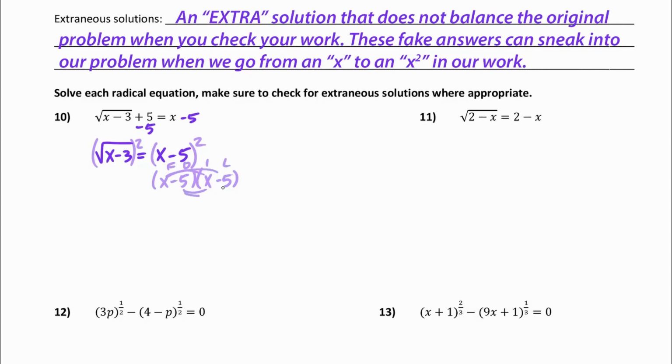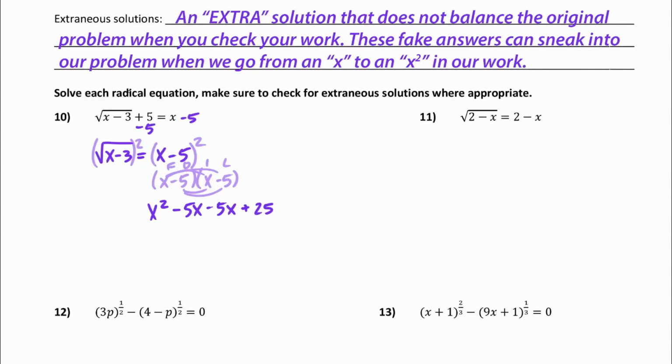First, outside, inside, last, FOIL. And so when we FOIL that, we're going to get x squared minus 5x minus 5x and then plus 25.